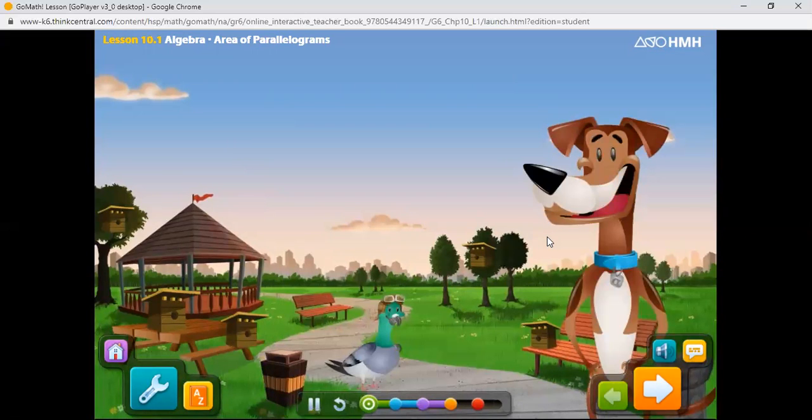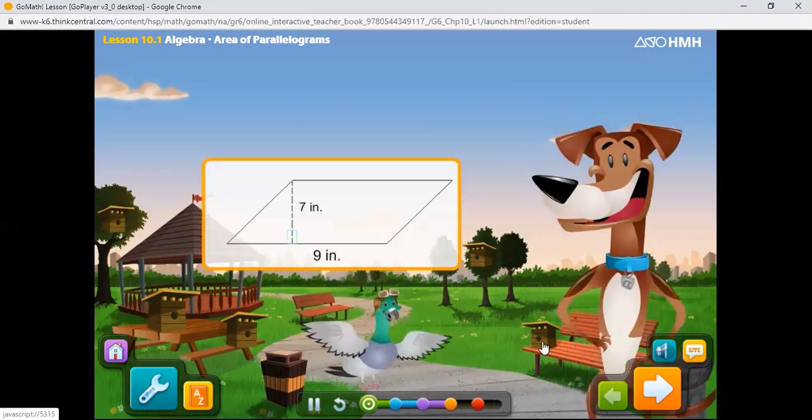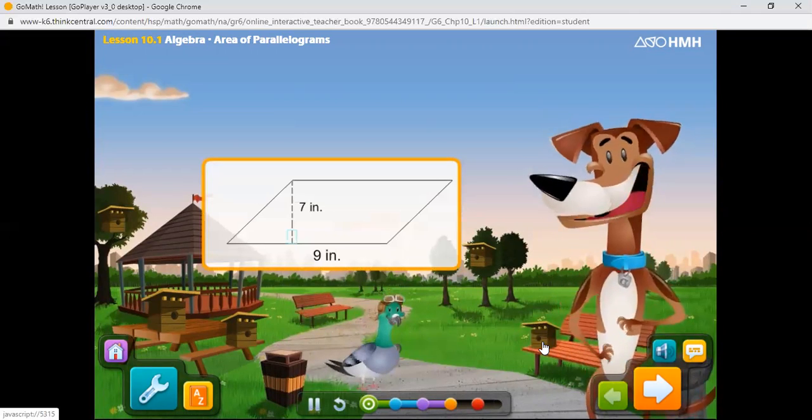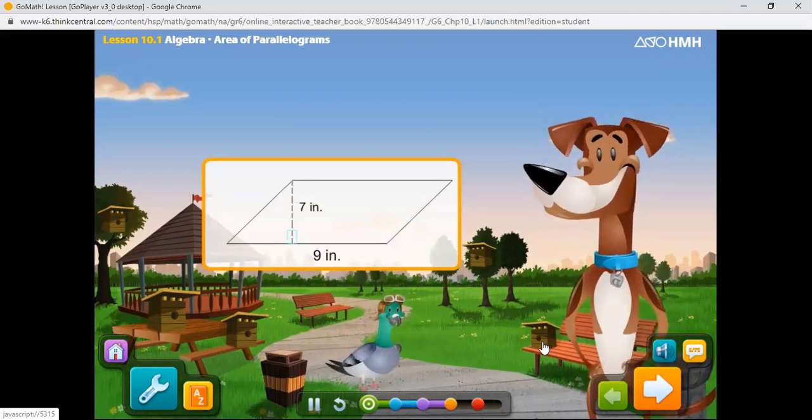What's the shape and size of this roof? This roof is a parallelogram with a base of 9 inches and a height of 7 inches. I hope the children are bringing enough paint to cover the area of the entire roof.